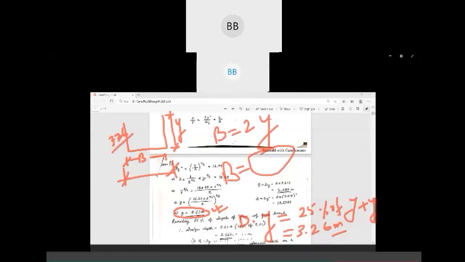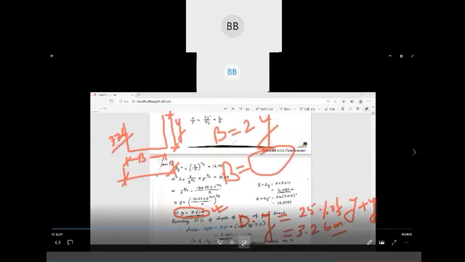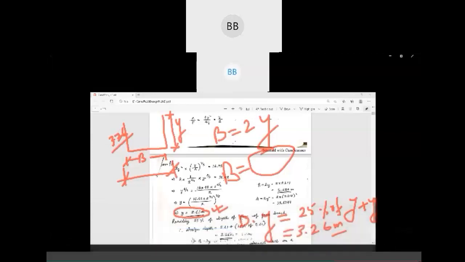Find out the width of the channel. So this is the method of economic section. We use this method to design rigid boundary channels, or you can say non-erodible channels.